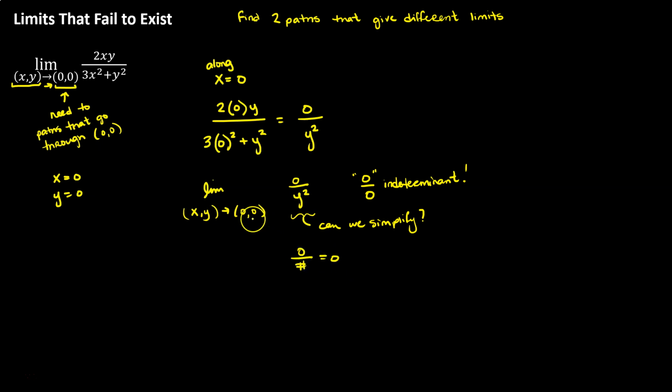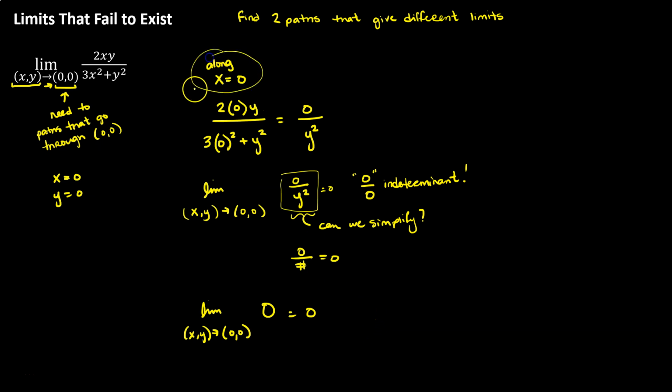And because our limit is saying let y approach 0, we can say that really we're looking at every number except y equals 0. So we can simplify 0 over y squared to just be 0, which means we're really looking at the limit where our domain point is approaching the origin of a constant 0, which of course would be equal to 0. So along x equals 0, our limit is saying that the function approaches 0.